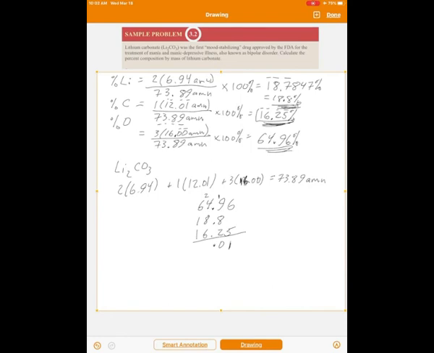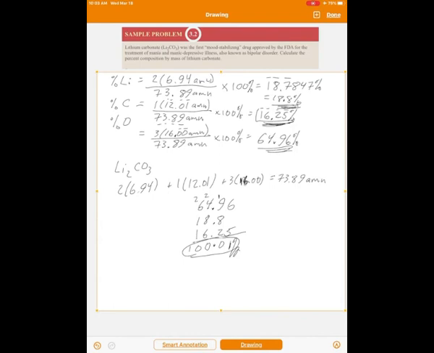Plus an 8 is 14. Plus a 6 is 20. 2 plus 6 is 8. Plus 1 is 10. So it's 100.01%. Pretty close to 100, right? It should be pretty close to 100. If you get 101% or 102%, or I'm sorry, 99%, you're off by a percentage point from 100, then there might be a calculation error. But if you're within 0.01%, that's just an issue of rounding.